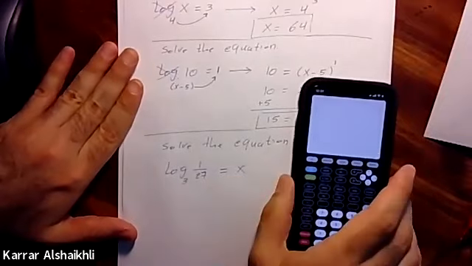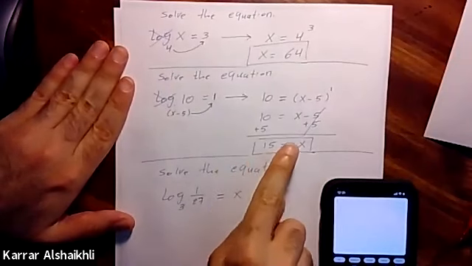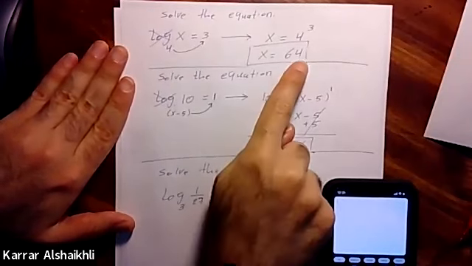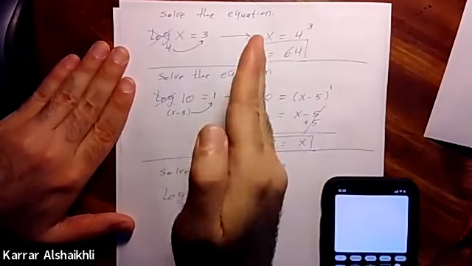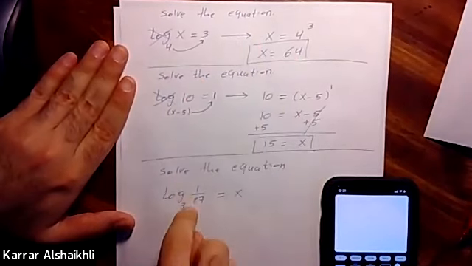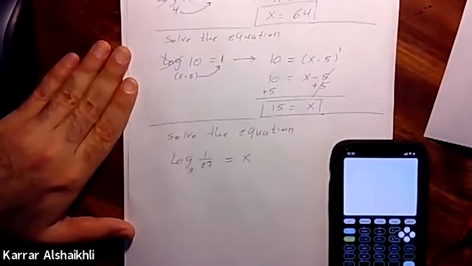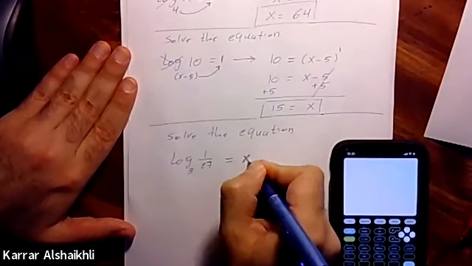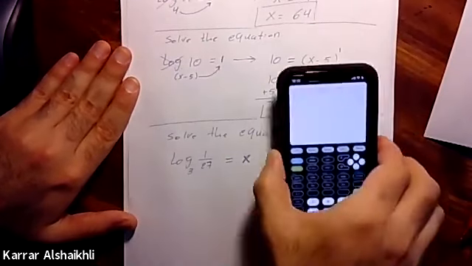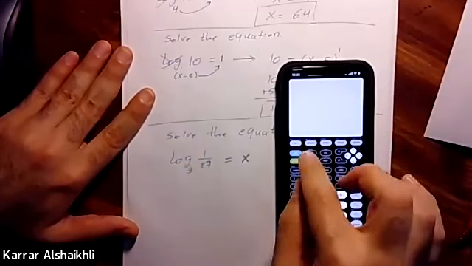X by itself. If you check the previous example, when we found the solution, x equals a number. That means the x is on one side and everything on the other side. So the same thing here, it's already x by itself. So let's plug this one into the calculator.